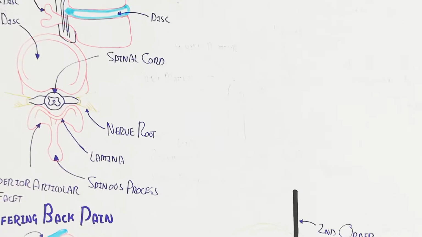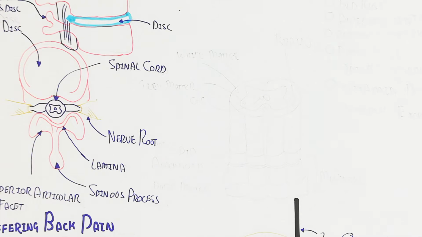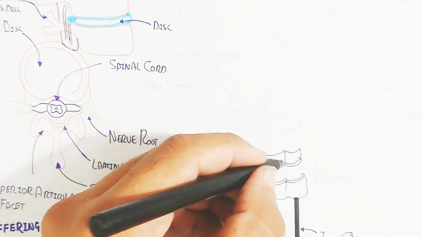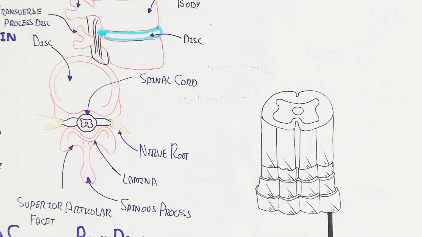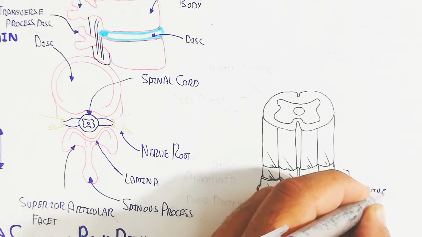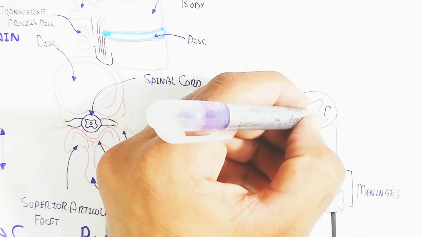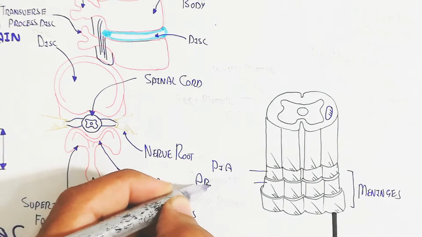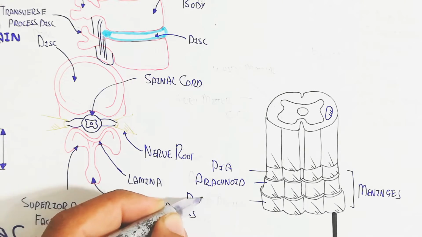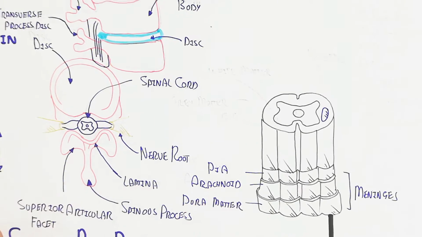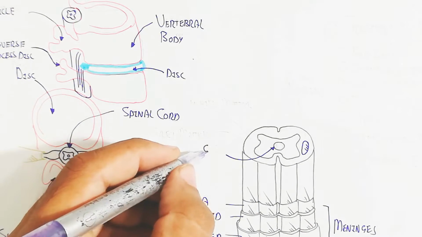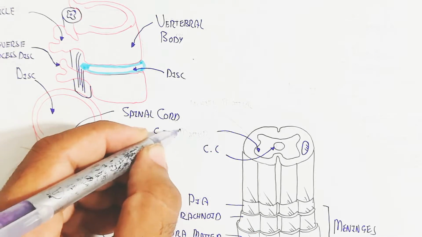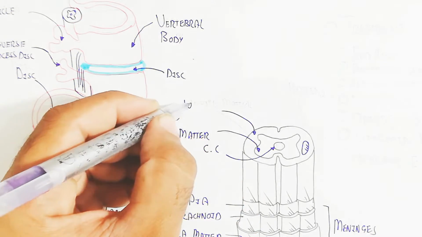Let's understand the spinal cord, which contains three layers known as the meninges. The innermost layer is the pia mater, the middle is the arachnoid mater, and the outermost is the dura mater. Cerebrospinal fluid infection is also involved and can also cause pain.